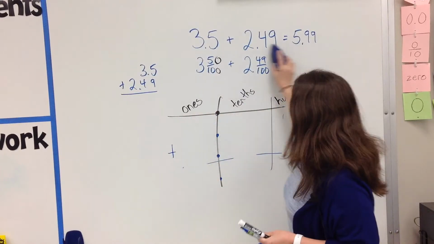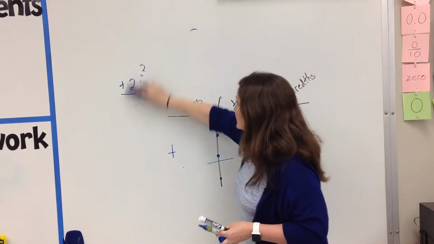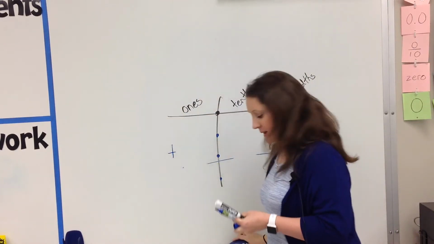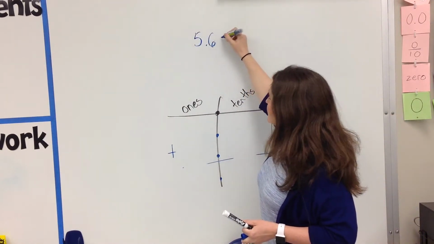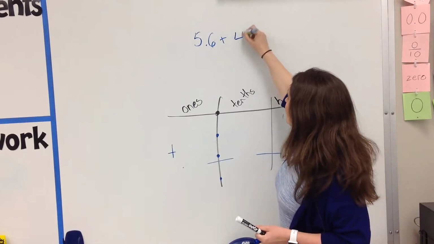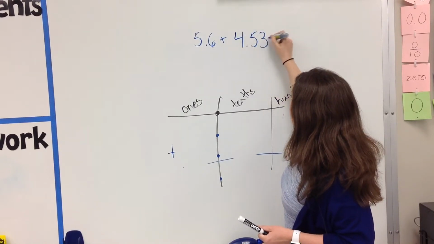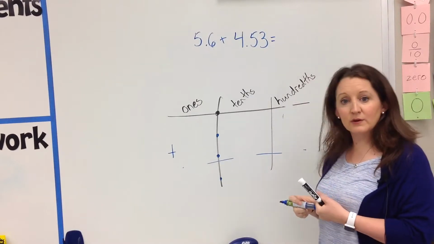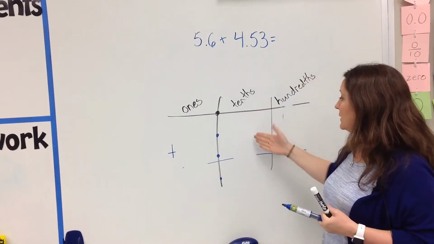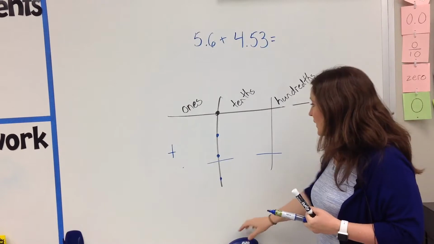So one last example before you get a chance to practice this on your own, and that is the decimals 5 and 6/10 plus 4 and 53/100. We need to add these up. Again, you can convert them into fraction form, or you can use the place value chart.